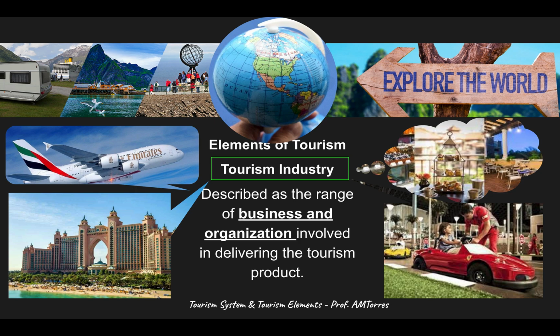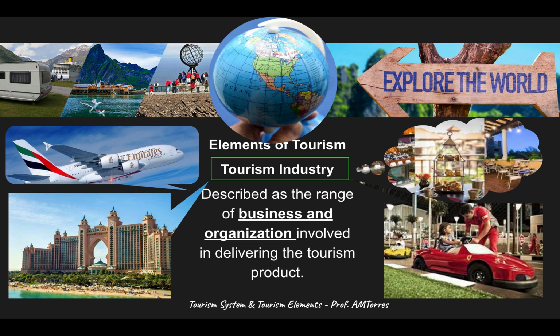It could be the National Tourism Organization in cooperation with the World Tourism Organization. We're going to talk about this in the next slides. So that's about it. We have learned about the tourism systems and elements.